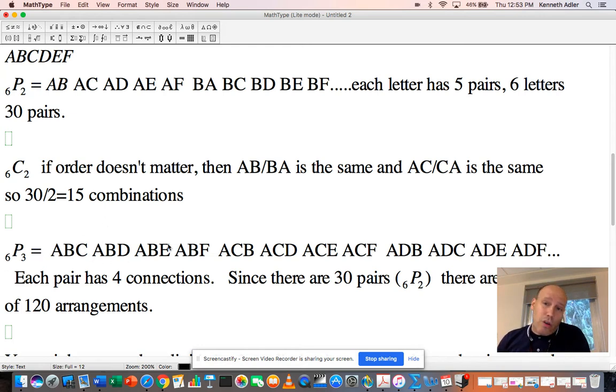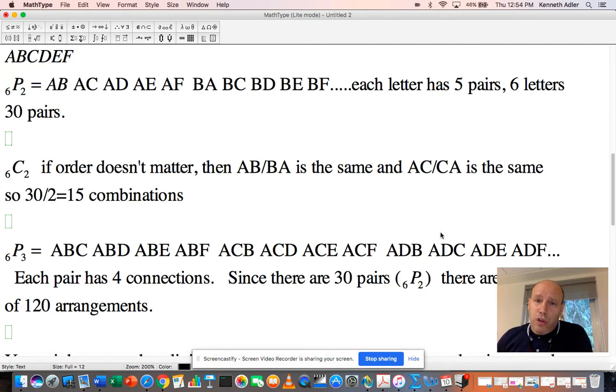Well, I start to draw them out. ABC, ABD, ABE, ABF, ACB, ACD, ACE, ACF, and so on and so forth. I'm not going to write them all out. I know that there's 120 because 6 times 5 times 4 is 120.